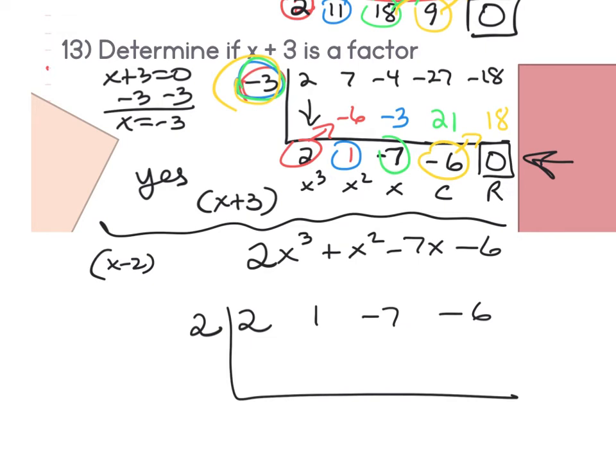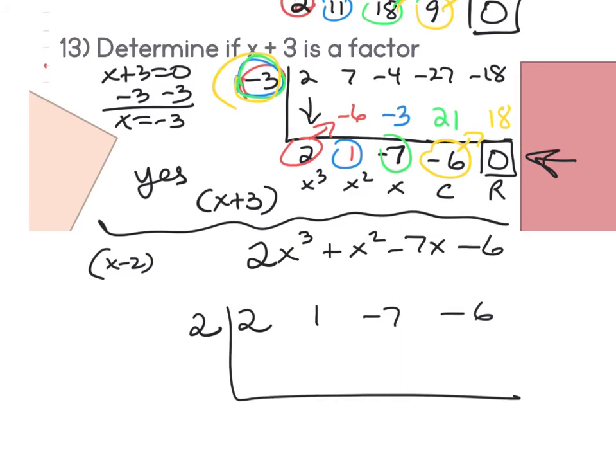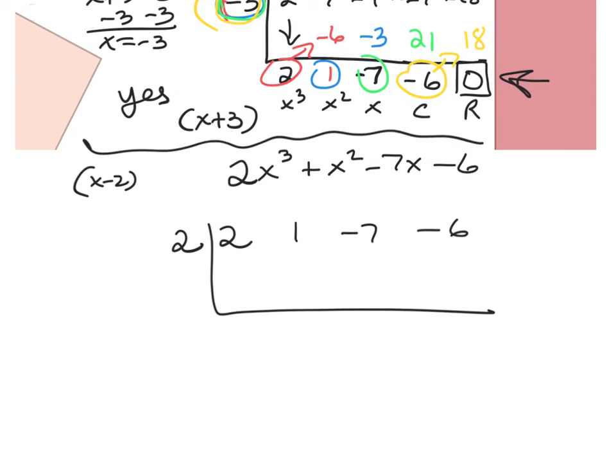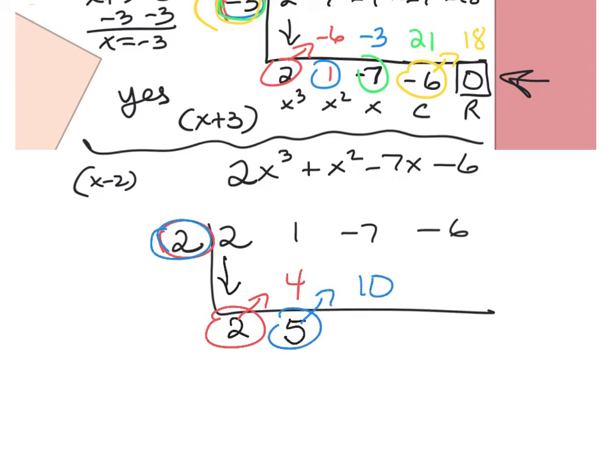So now I'm going to do synthetic division with it and make sure that I get a remainder of 0. So I'm going to bring down, I'm going to multiply, add the column, multiply, add the column, multiply, and I get a remainder of 0.